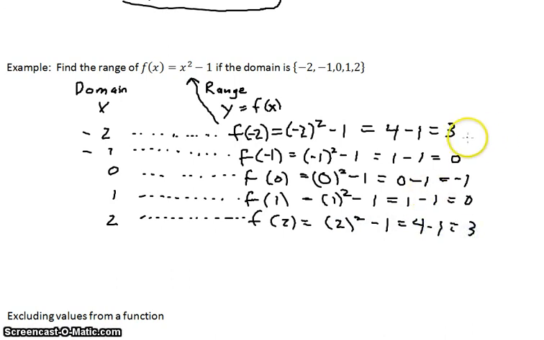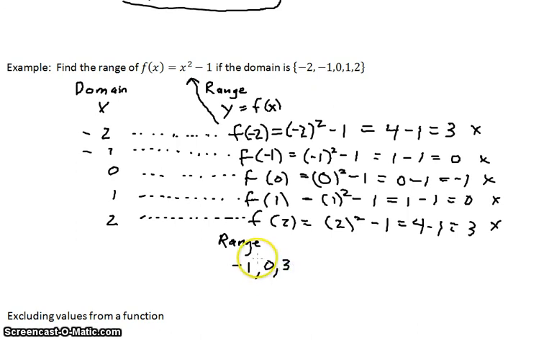So you can see here we have 3 repeated twice and 0 repeated twice, and then a -1. So my range, since we have 5 numbers here, we only have 3 numbers for the range, and the range is just going to be -1, 0, and 3.